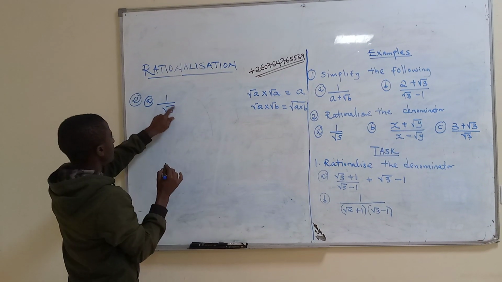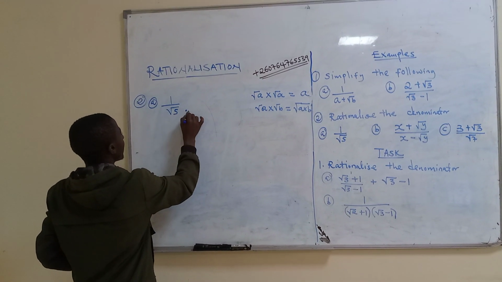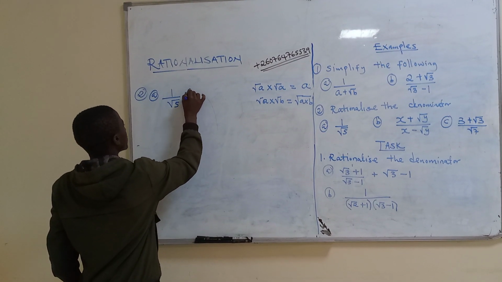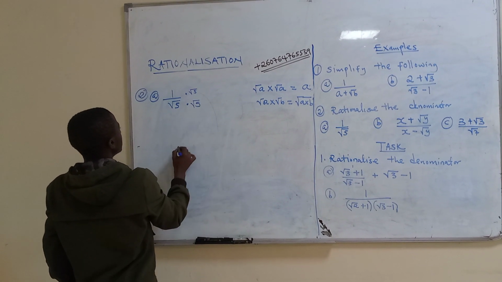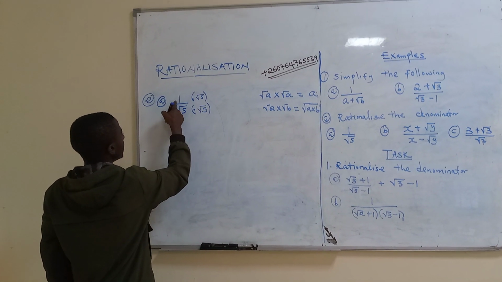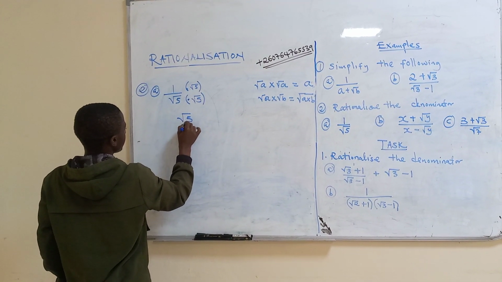So to conjugate this value, I'm going to repeat this same value: square root of 5, also square root of 5. So that is 1 times square root of 5, that is square root of 5.